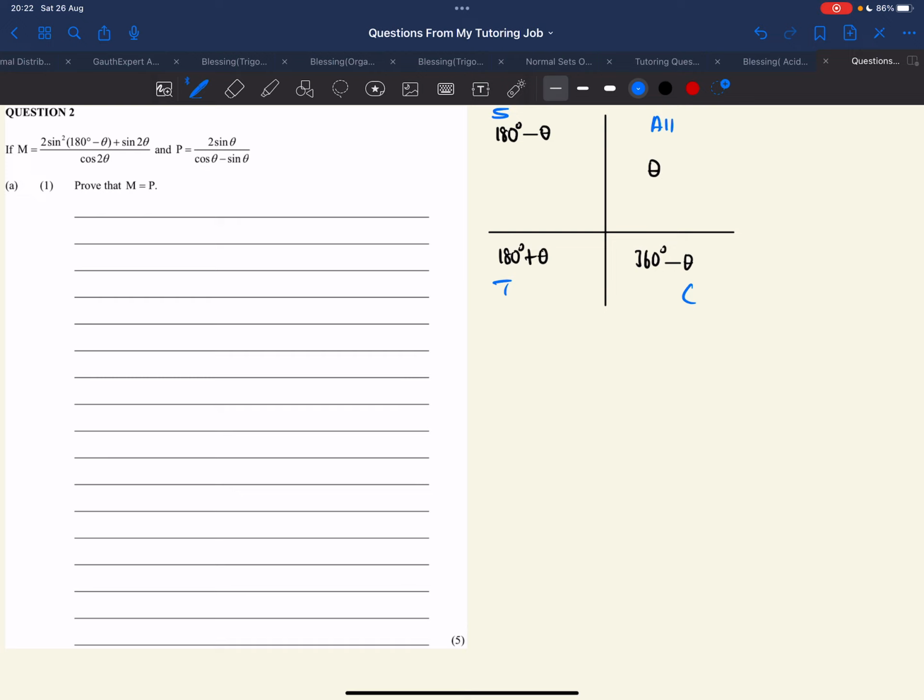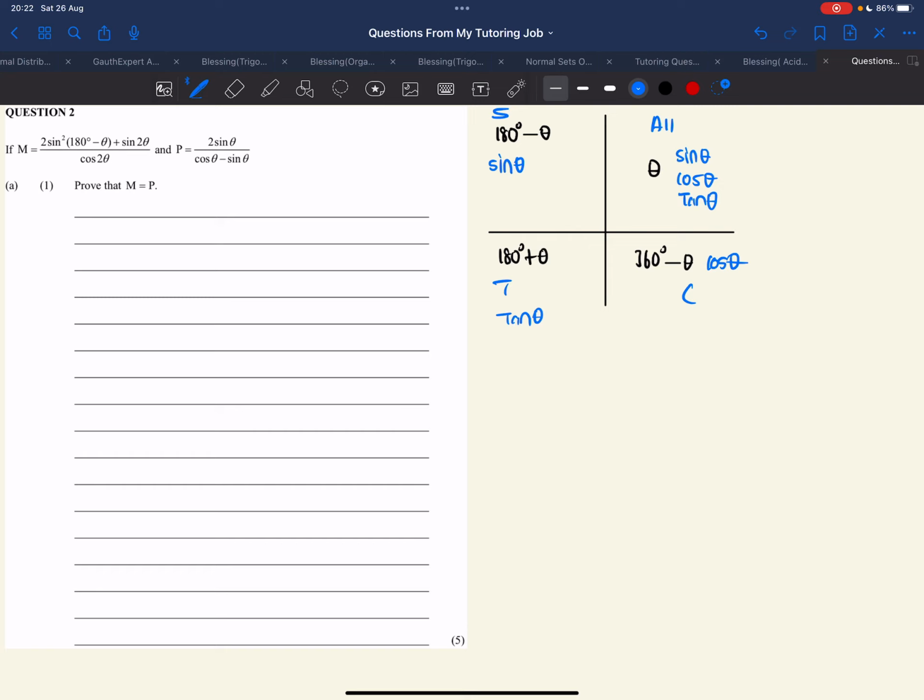What this basically means is that sine theta, cos theta and tan theta are positive in the first quadrant, and then in the second quadrant it's only sine theta that will be positive, and in the third one it's only tan theta that will be positive, and in the last one, the fourth quadrant, it's only cos theta that will be positive.